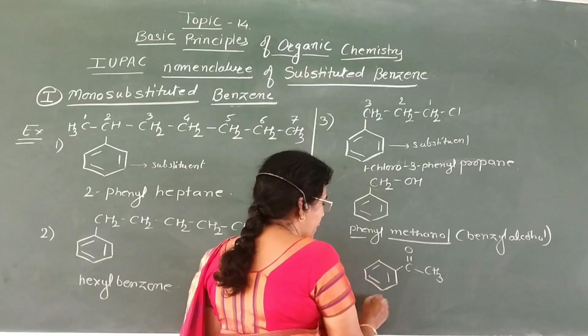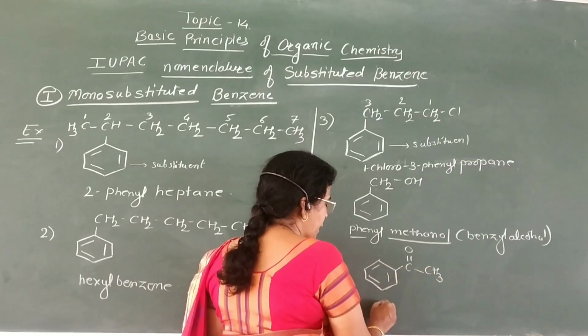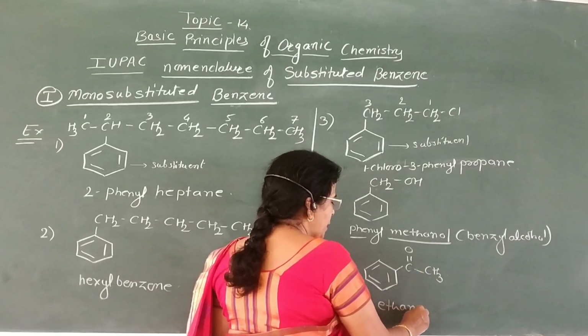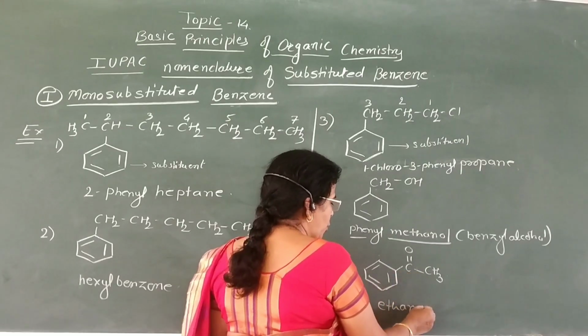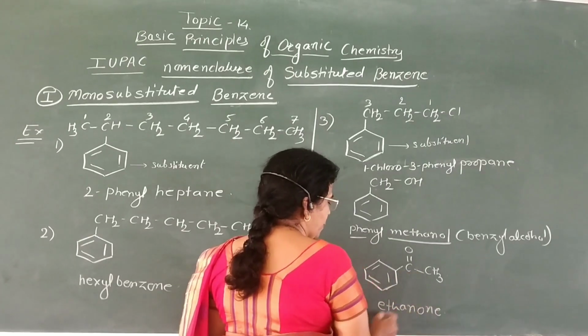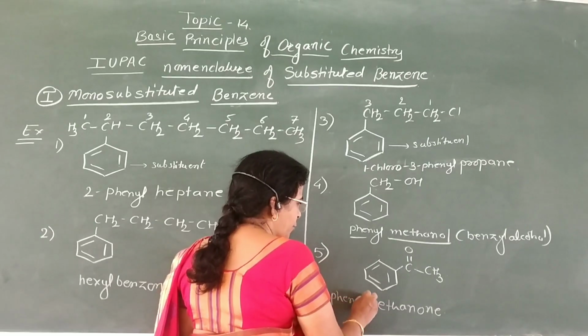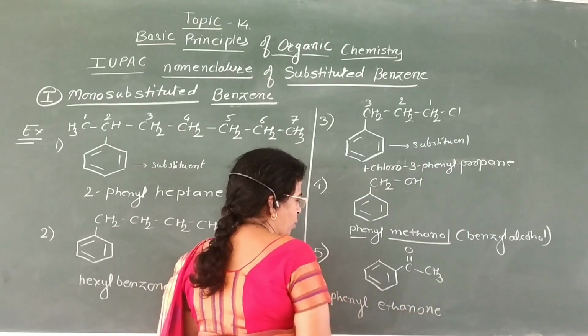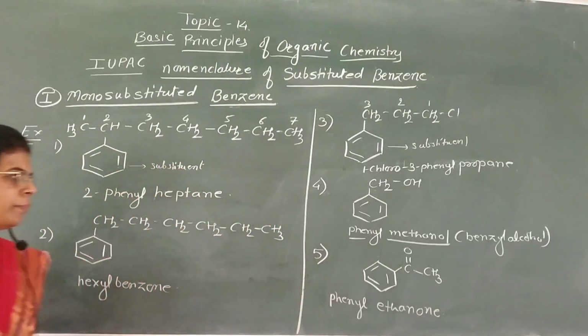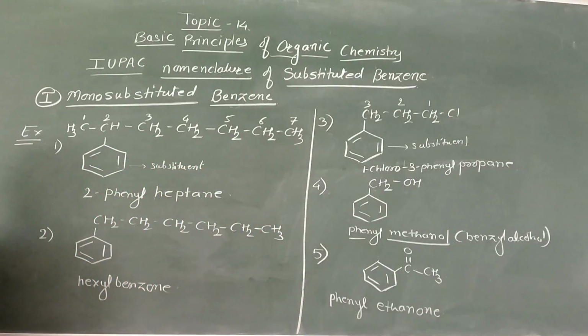Now here the parent alkane becomes ethane, but there is presence of ketonic group, so it becomes ethanone, and here there is presence of phenyl group, therefore it becomes phenyl ethanone. In this way, IUPAC names for the monosubstituted benzenes are given.